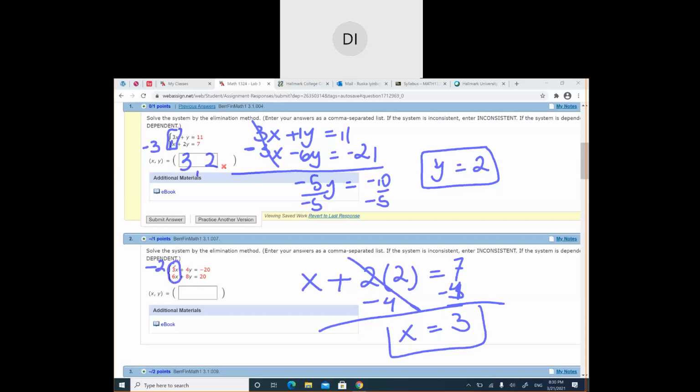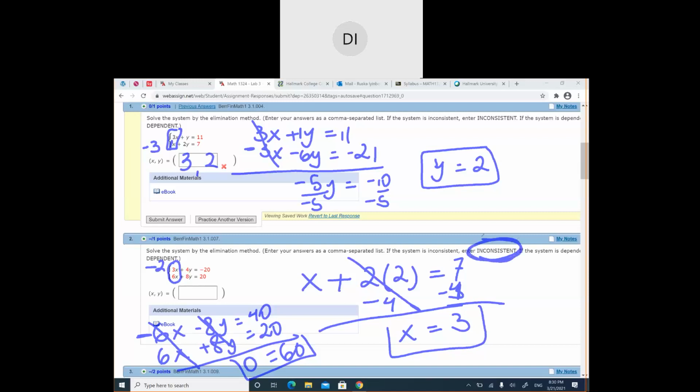If you do that, it's going to be -6x minus 8y equals 40, and then copy the second equation, equals 20, and when I add them, these cancel, so I get 0 equals 60. 0 equals 60 is not true, so the system has no solution, and that's what you're going to put here. You're going to put inconsistent. You're just going to spell it out.